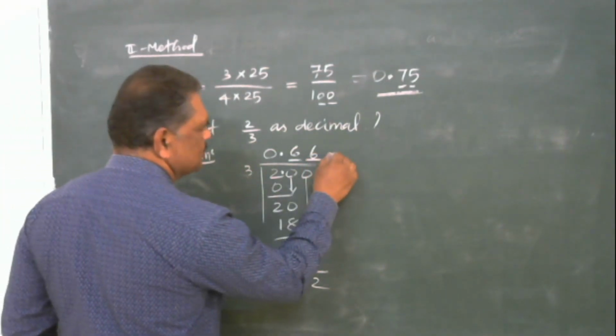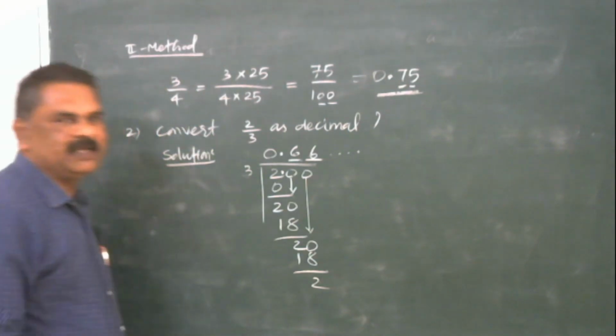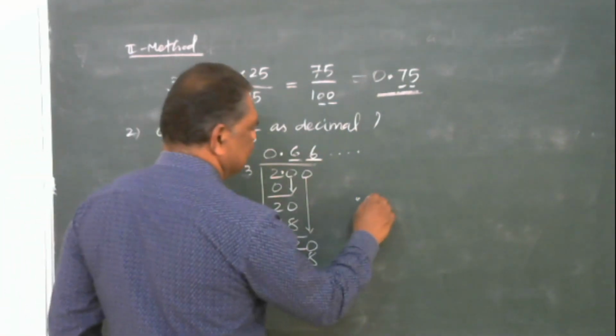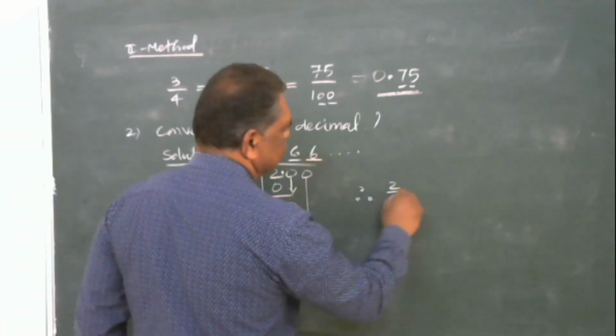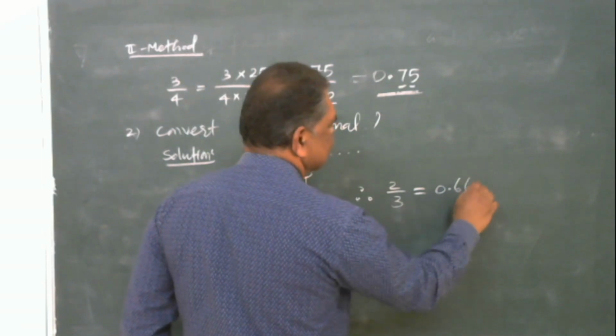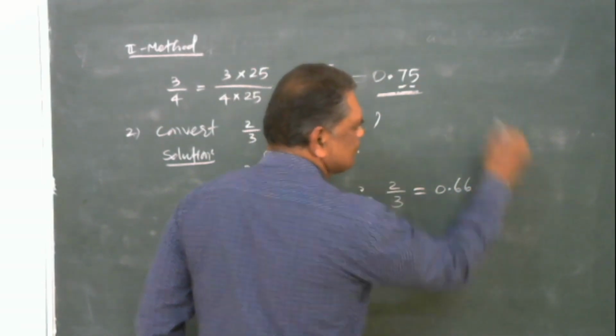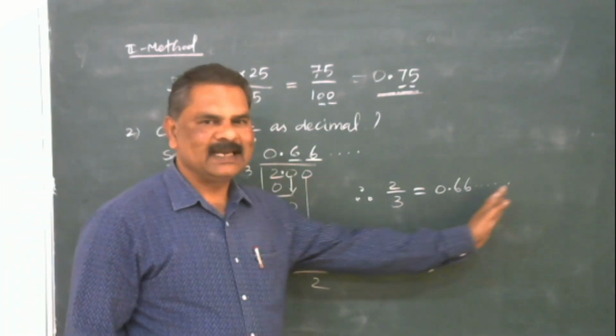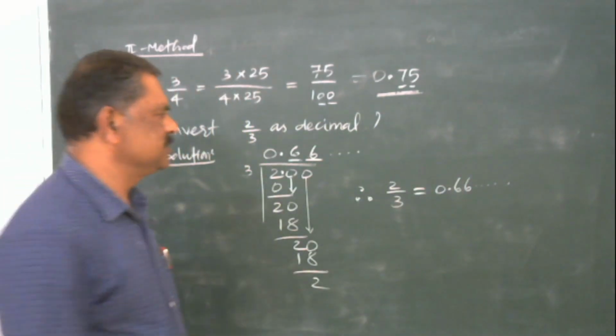This 6 also will be repeating. Therefore, we can write this fraction 2 by 3 as the decimal 0.66 and so on, writing 6 again and again. So this is the decimal.